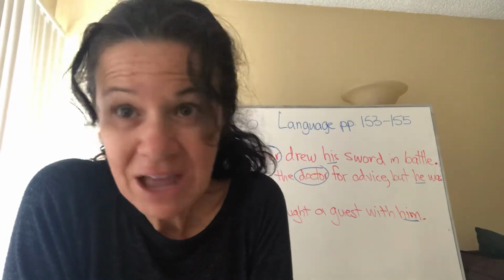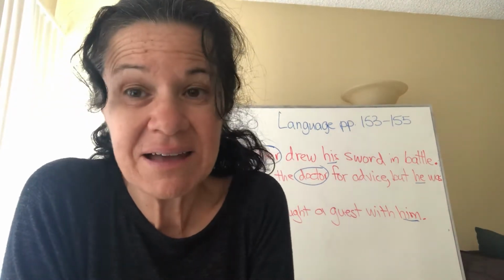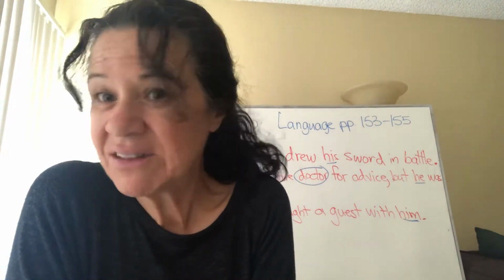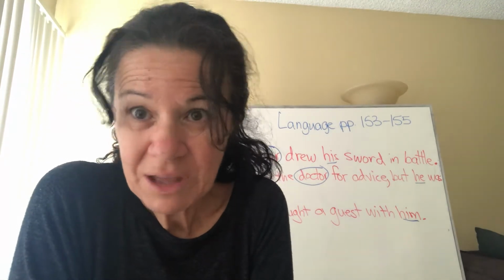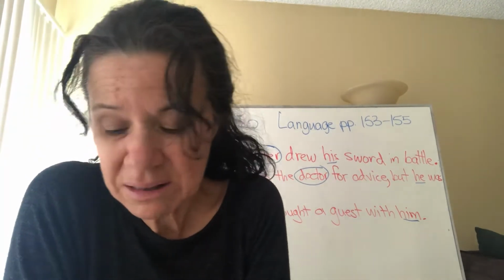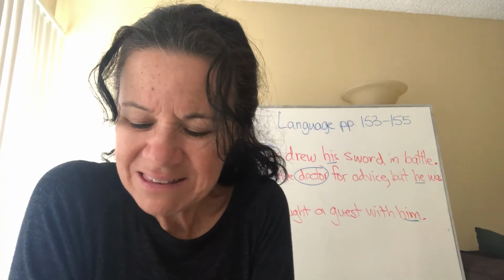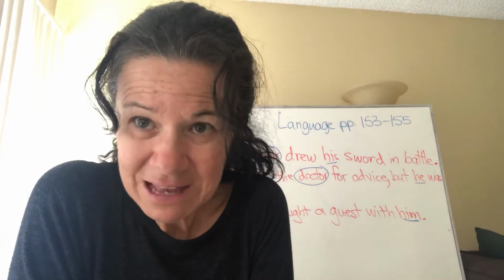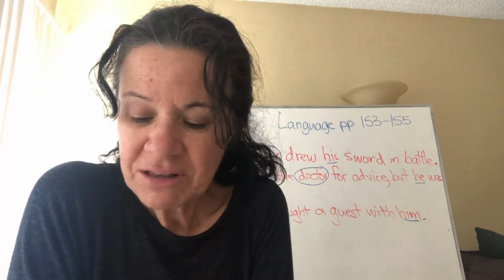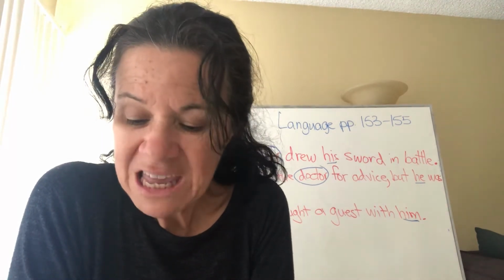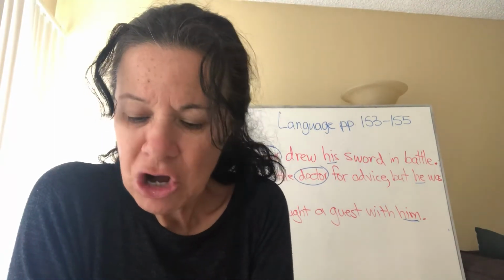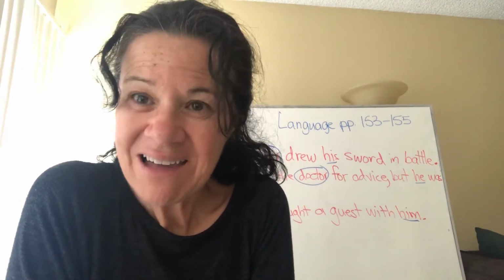Now we see that you can be subjective and objective. That's okay. If it's the subject of the sentence, it's subjective case. If it's the object of the sentence, it's objective case. Him, her, it, us, them. Let's say that again together. Objective case personal pronouns are me, you, him, her, it, us, them.